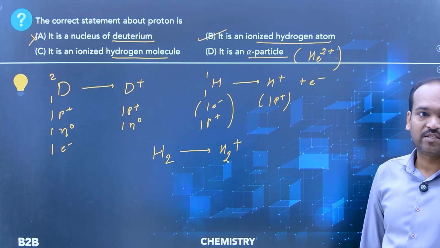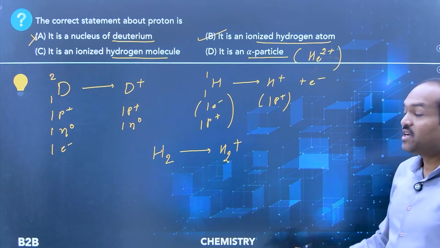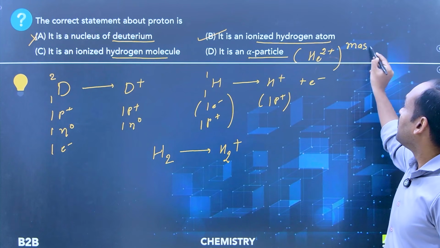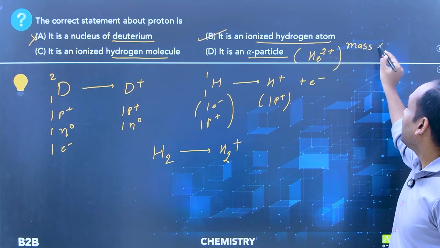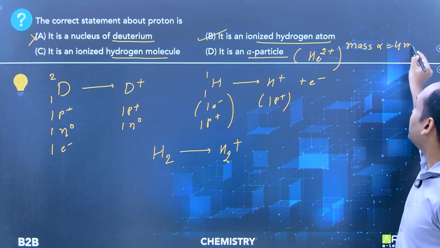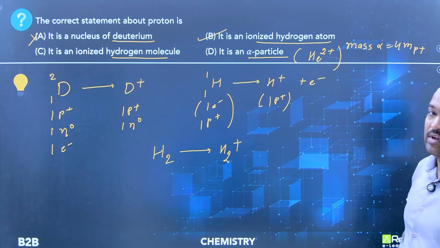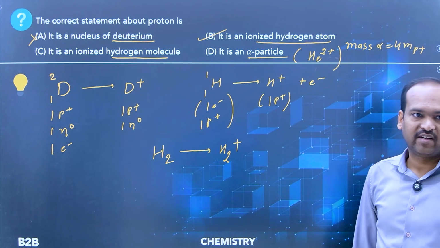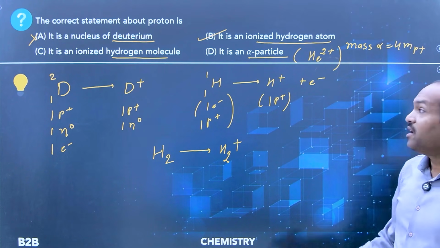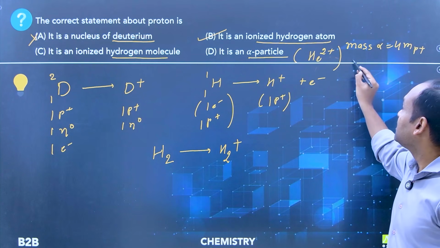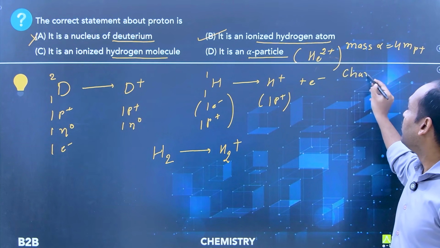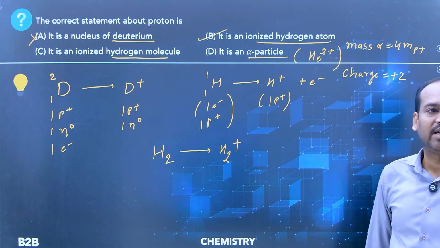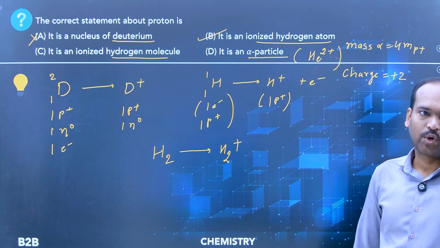The mass of the alpha particle is 4 times the mass of a proton. Yes, correct. Next thing, its charge is plus 2 units. So the charge of the alpha particle is double the proton charge.